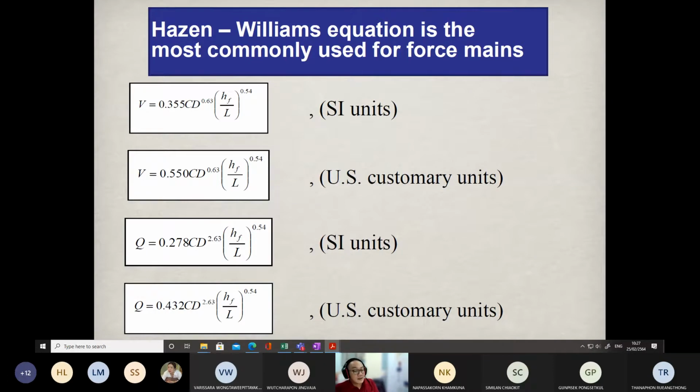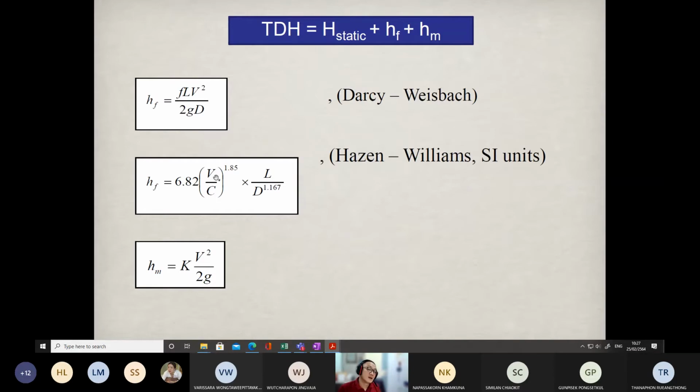The velocity can be determined from the previous equation. This is the previous equation, the Hazen-Williams equation.